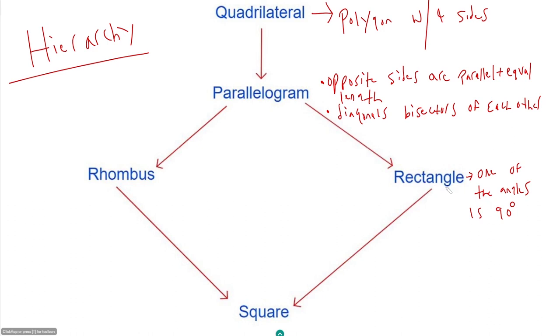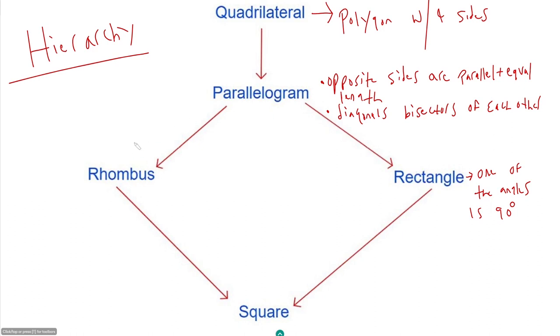Aren't all of the angles in a rectangle 90 degrees? Well, that is true. But to go from being a parallelogram to being a rectangle, you just need to know that one of the angles is 90 degrees. And that will necessarily mean that all of your angles are 90 degrees, because otherwise you would not be able to close that shape. So even though it is true that for a rectangle, all of your angles are 90 degrees, you only need one of those angles to be 90 degrees in order to go from a parallelogram to a rectangle.